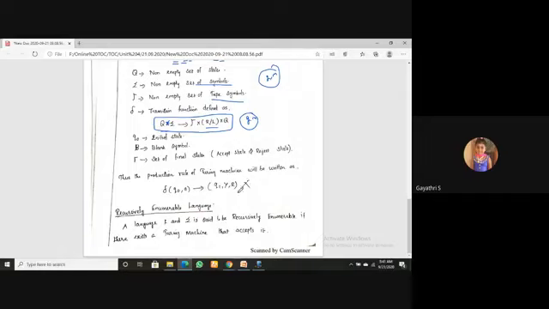The last one is the recursively enumerable language. The language accepted by a finite state machine is called a regular language, and the language accepted by a pushdown automaton is a context-free language, type 2.